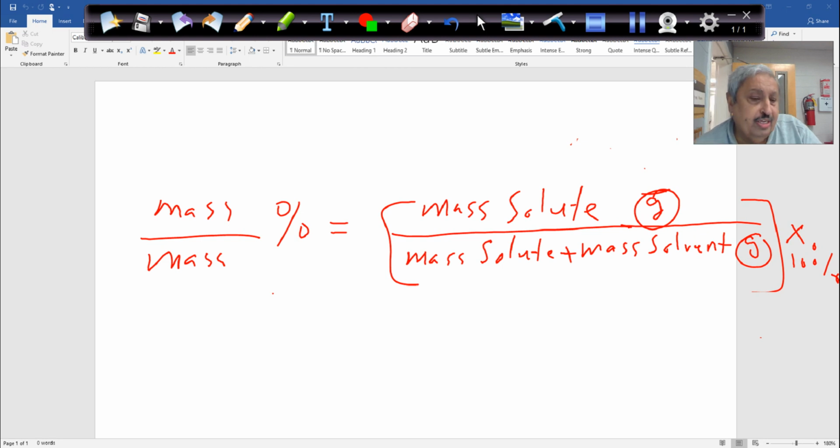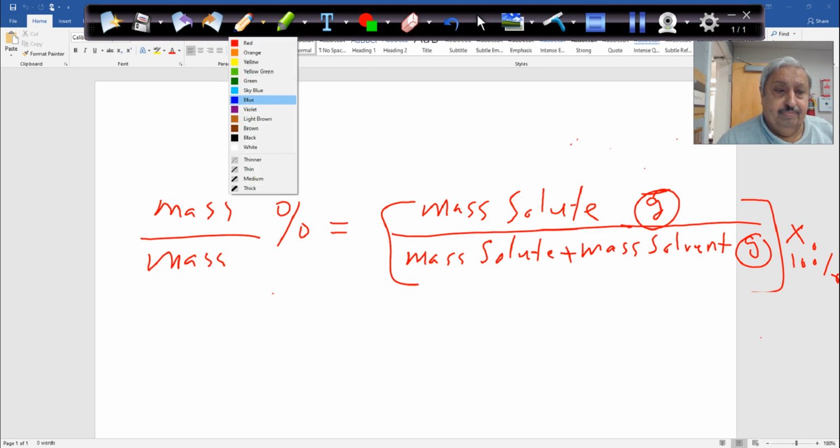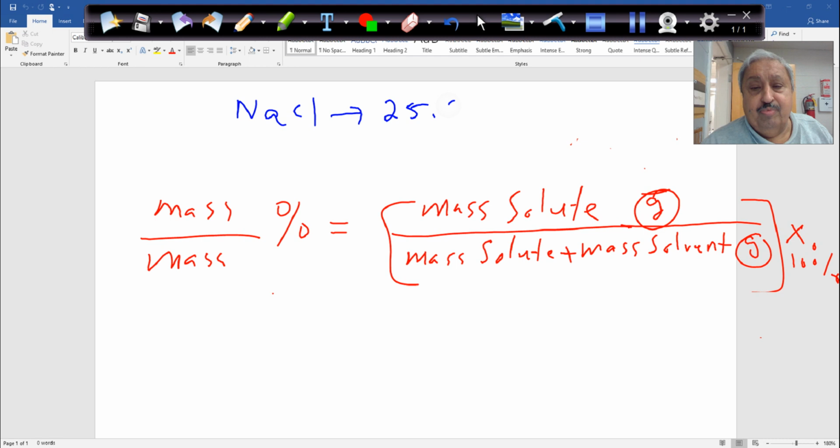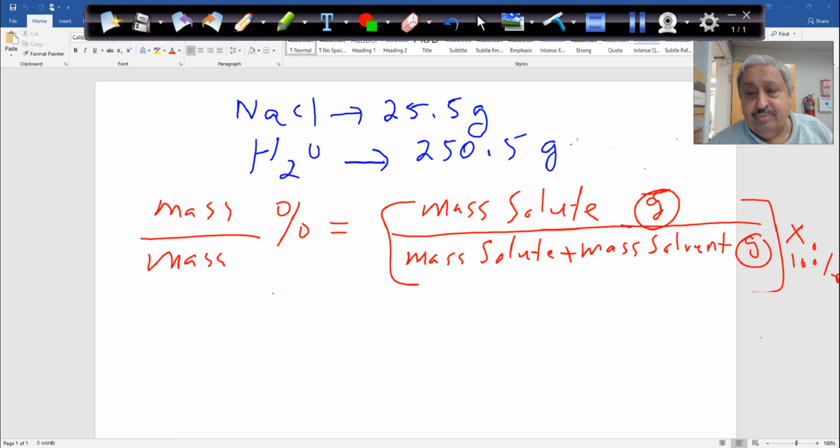So in this mass over mass, it will give you the mass of the solute. It will tell you we have sodium chloride, 25.5 grams, and the H2O is 250.5 grams.